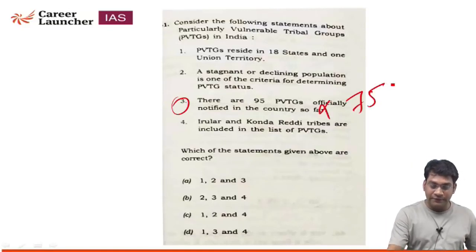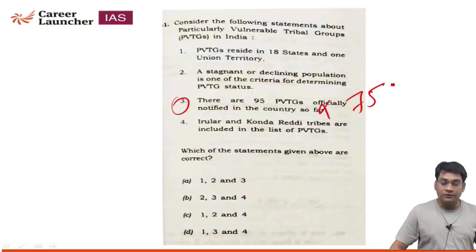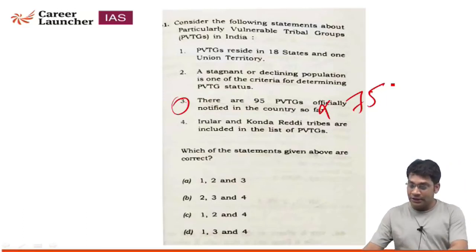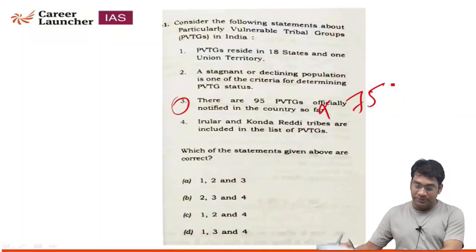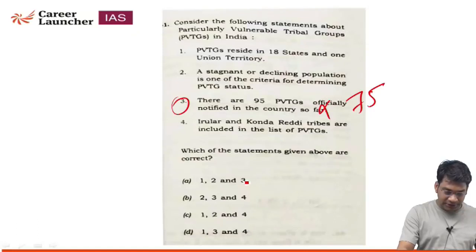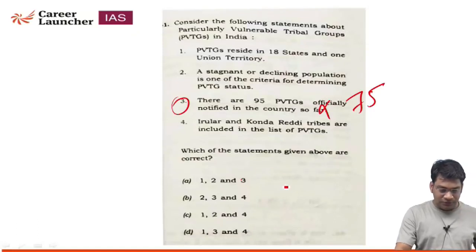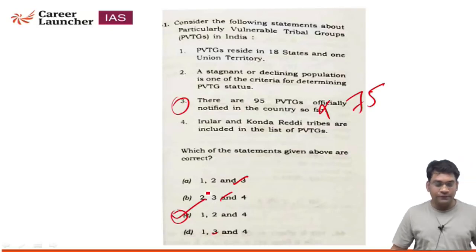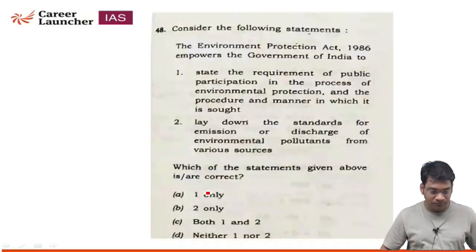Only 75 particularly vulnerable tribal groups are notified by the Government of India. So statement 3 is wrong. By eliminating it, among the given options, the correct answer will be C: 1, 2 and 4.